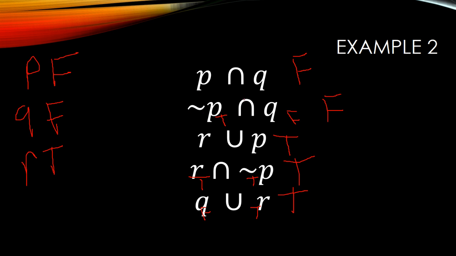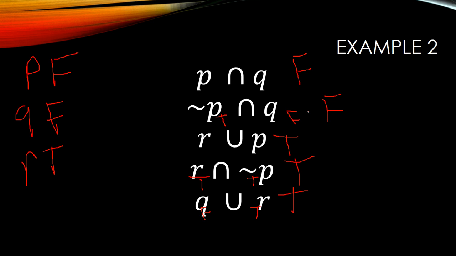Not P and Q. Well, not P is not false, so it's true. And Q is false. Again, true and false is false. It's not true. If I give you a true statement and a false statement, then I'm lying. The entire statement is false because part of it is false.